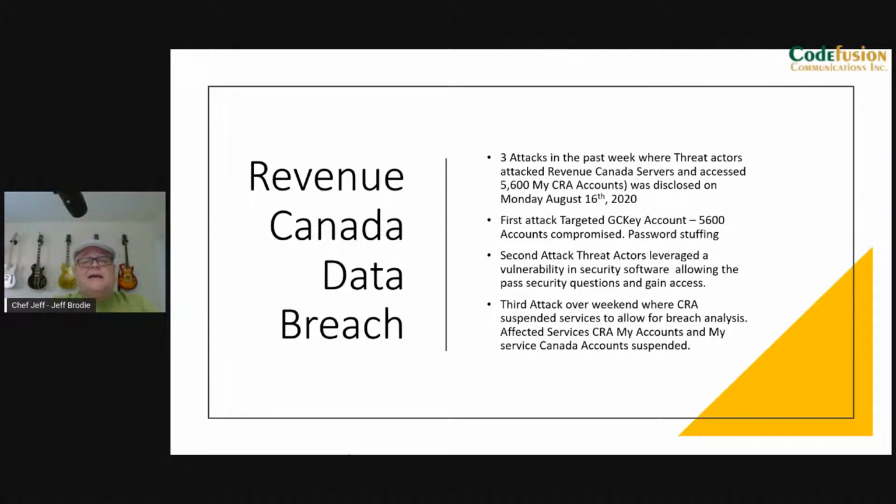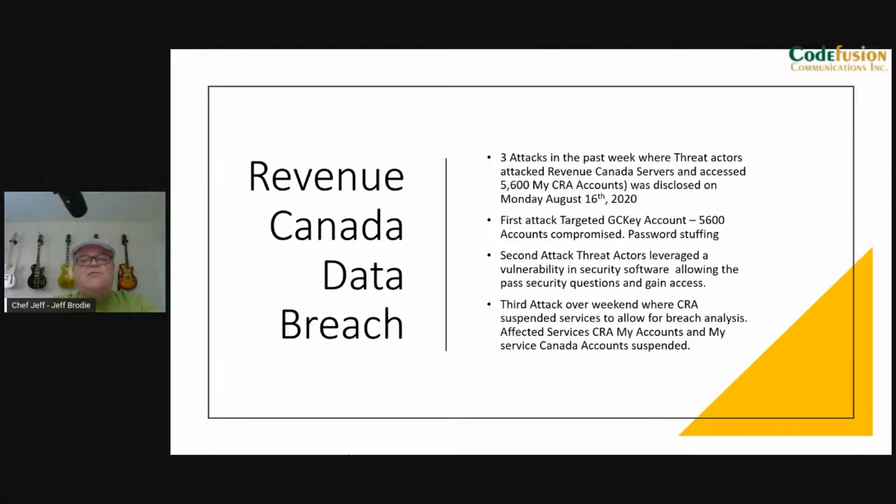The second attack, the threat actors leveraged a vulnerability in a security software, which allowed them to bypass the security questions and gain access to the accounts. These all appeared as normal access because they were performed through the public-facing website.